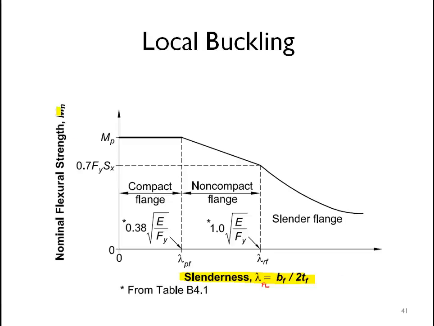On the y-axis, I'm plotting nominal moment capacity. And our solution space is divided into those three categories: compact, non-compact, and slender. The dividing lines between those three regions are lambda sub p and lambda sub r.